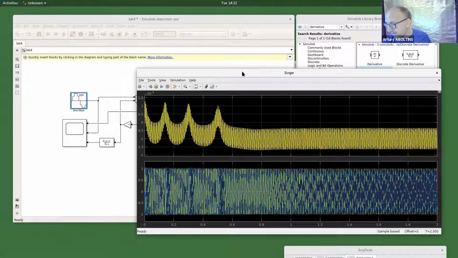That means that it's able to work from 90 hertz until 110 hertz. At any frequency in this range, this PLL will catch the signal and follow the frequency and the phase. And this is a very good result, by the way.